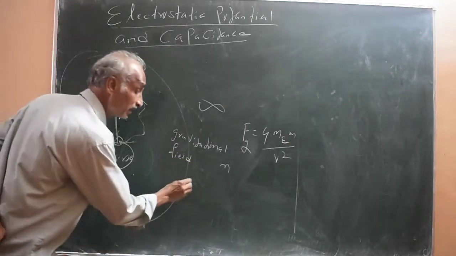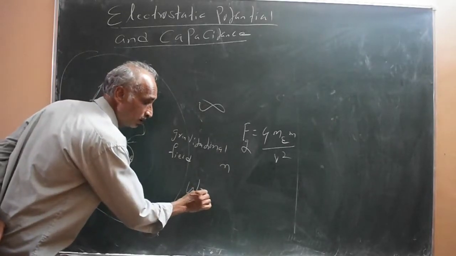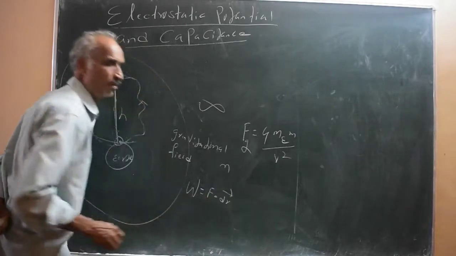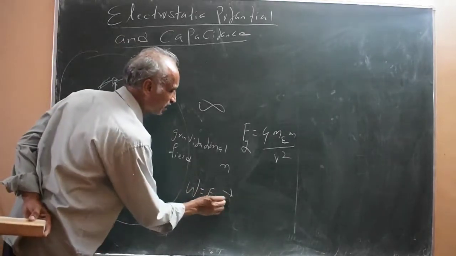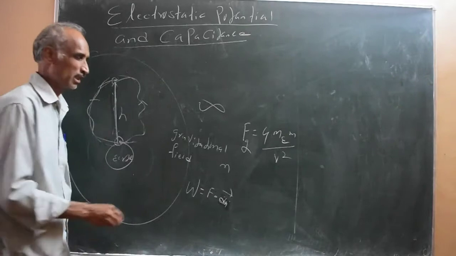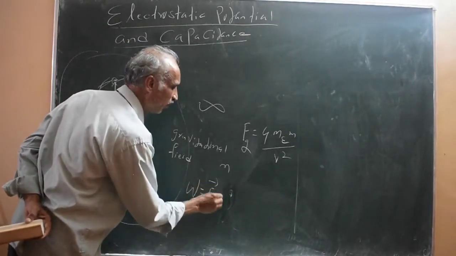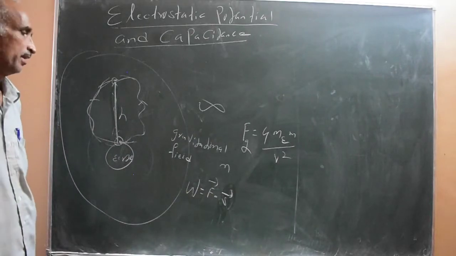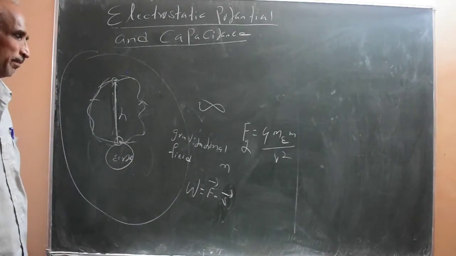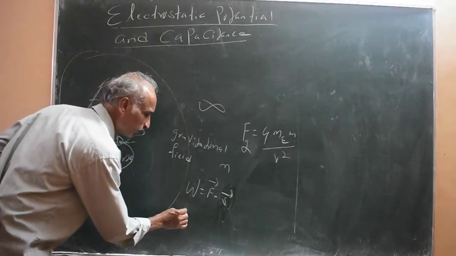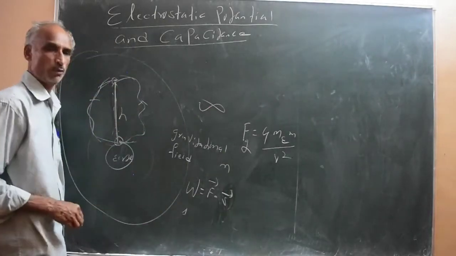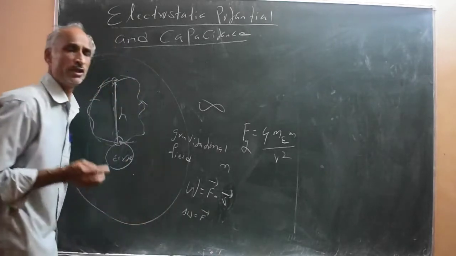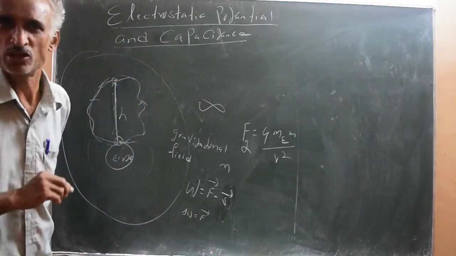The work formula in the last case: W is equal to the force F into dr bar, where dr bar is the displacement, or dx bar, a small displacement. Or F bar dot S bar, where S bar is the displacement. A small work is done when the displacement is small, then delta W. Even though small work is done, the force is not small.